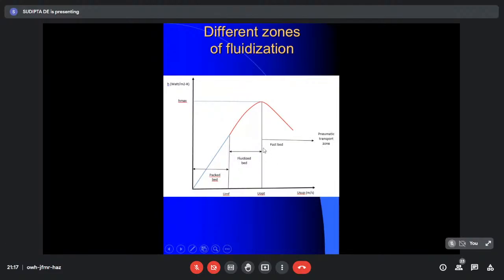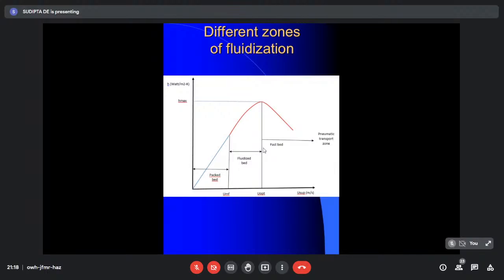Before giving the text, I'm trying to make you understand that the fixed bed or packed bed definition is that particles have no motion, but there is air velocity through it. Then at minimum fluidization velocity, a fluidized bed is created because there is a zone in which air and solid move together. Then with air velocity, we get more heat transfer coefficient. The reason is that we have a higher Reynolds number, so the heat transfer coefficient increases with the velocity of the air-solid mixture.